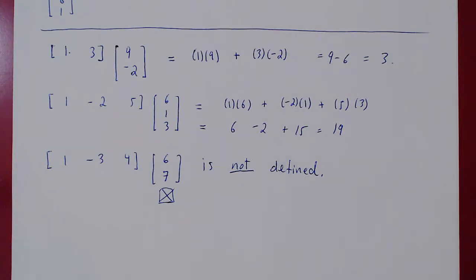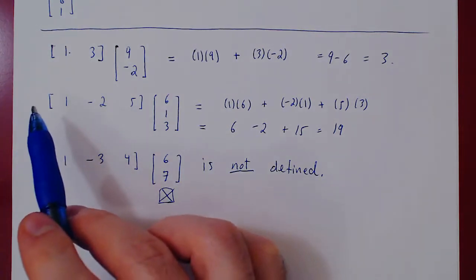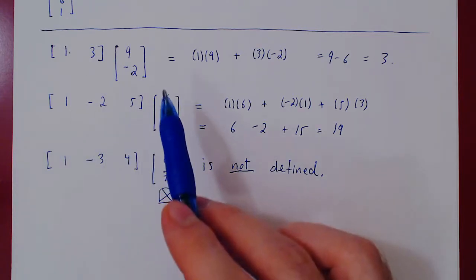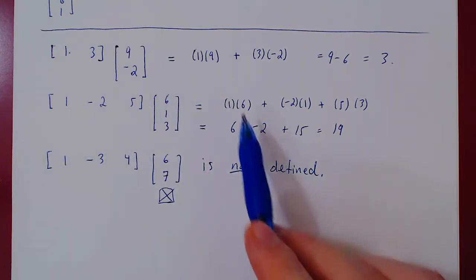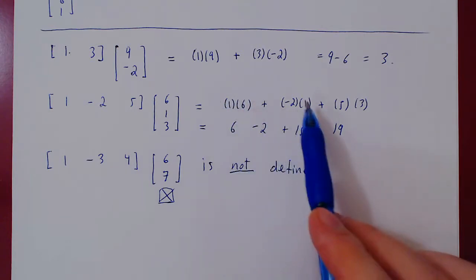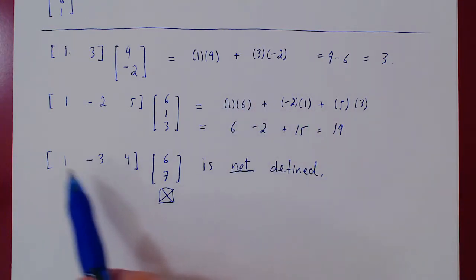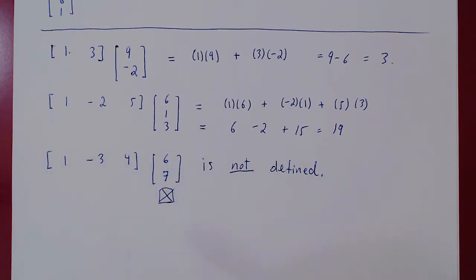And this is our conclusion for a row and a column. You can multiply a row times a column matrix as long as they have the same length, the same number of elements, and you multiply their corresponding entries, and you add them up. If they have different length, then you cannot perform the multiplication, and so the result is simply not defined.